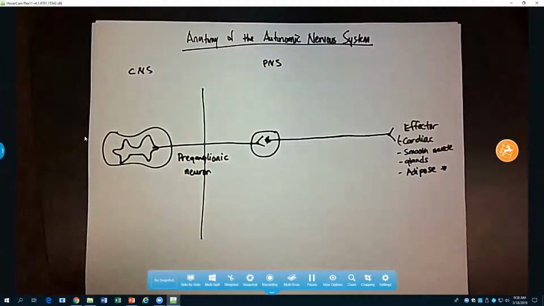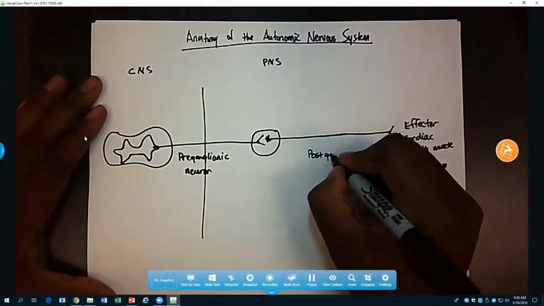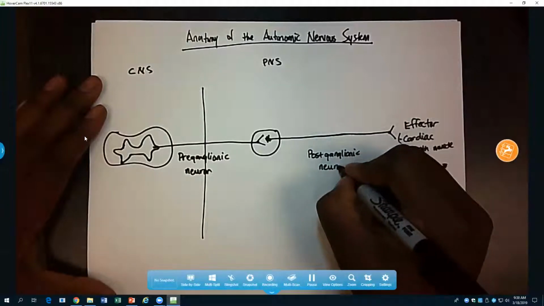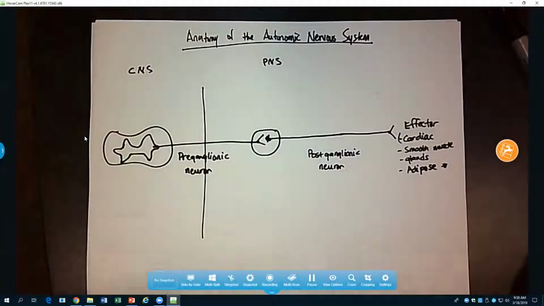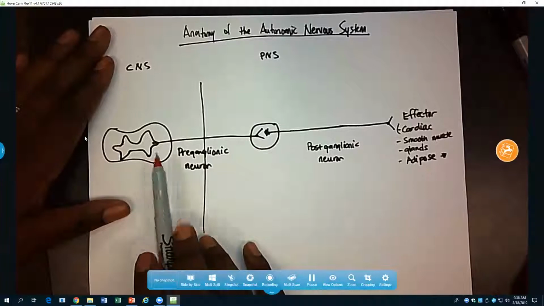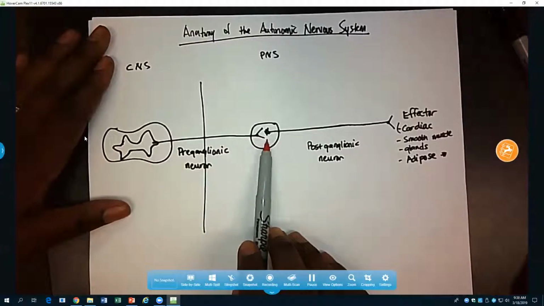So this first neuron was preganglionic. This second neuron will be your postganglionic neuron. And then the area where they're synapsing, if you remember, I just mentioned the connection of cell bodies that are not in the central nervous system. These are called ganglia.